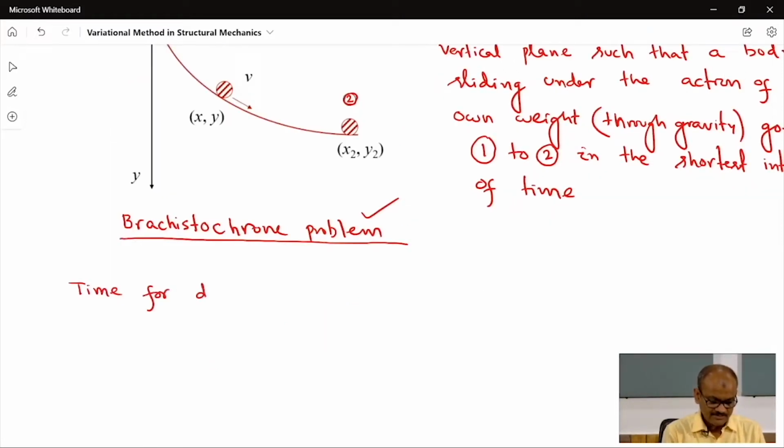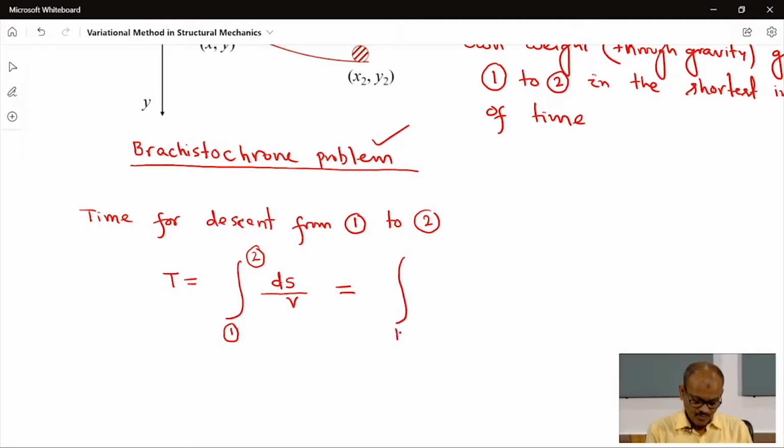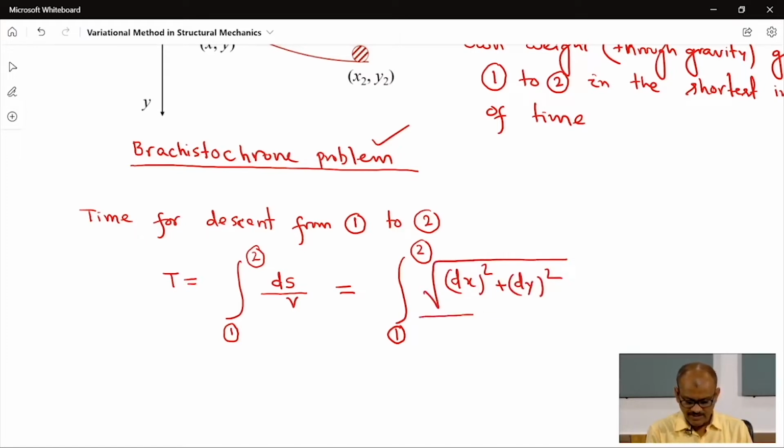For descent from 1 to 2, t is equal to the integration from 1 to 2 of ds by v, where v is the velocity. ds can be written as the root of dx square plus dy square, divided by velocity v.